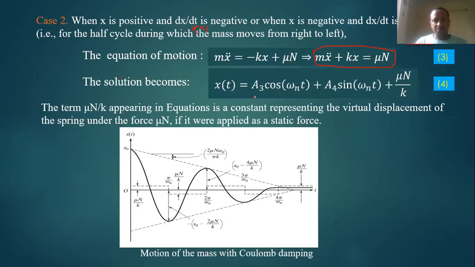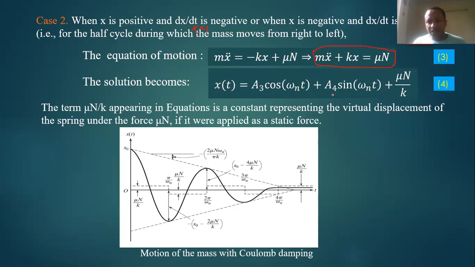Applying those initial conditions to this equation, let's substitute x naught here. X naught is equal to A3 cos omega n t at 0, cos 0, plus sine 0.